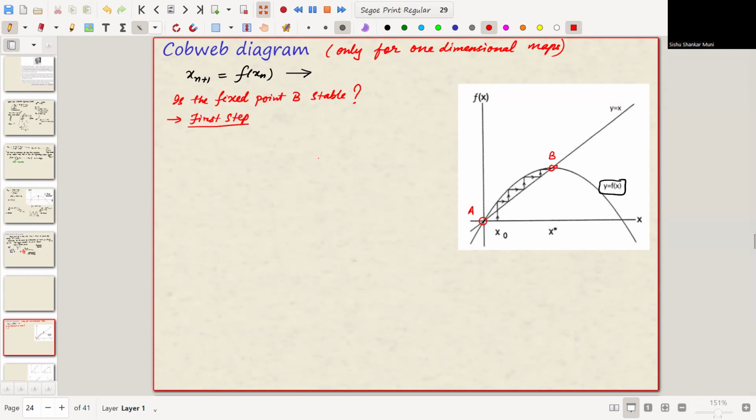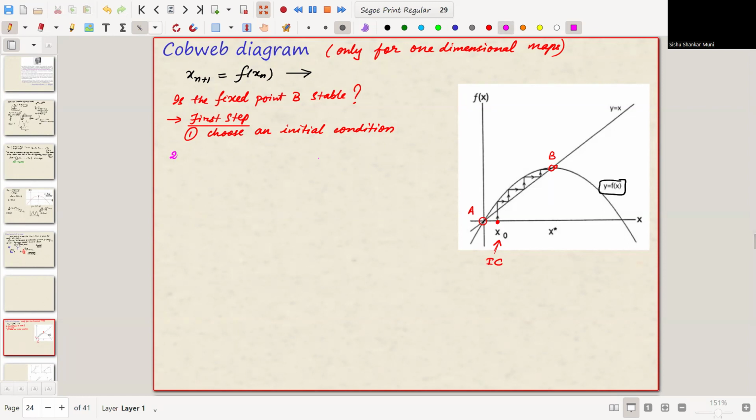First step is to choose an initial condition, the starting point. Here, X naught is our initial condition. We are starting from here. Everybody with me on the same page? Yes. Then next, what do we do?